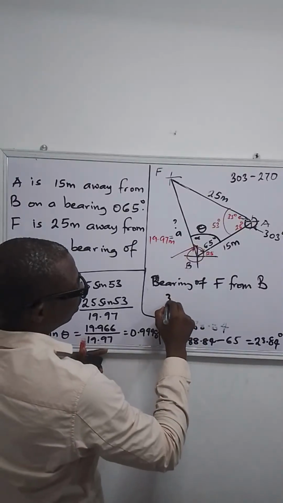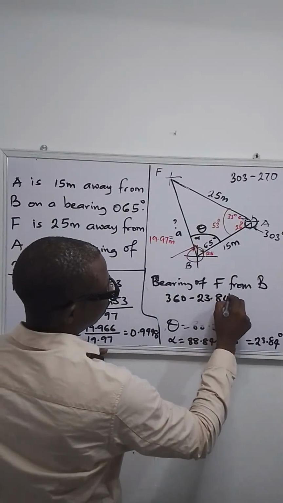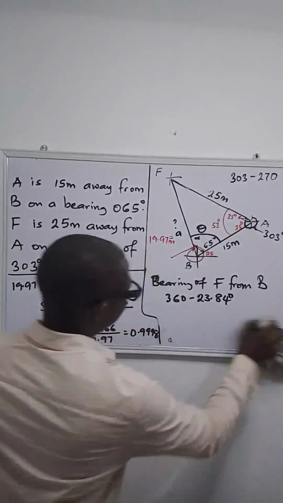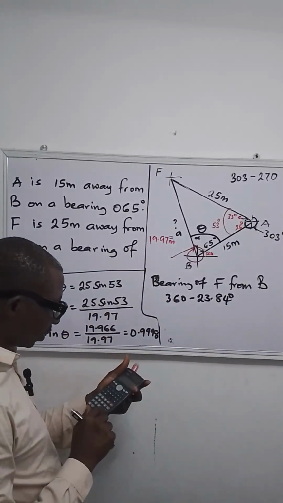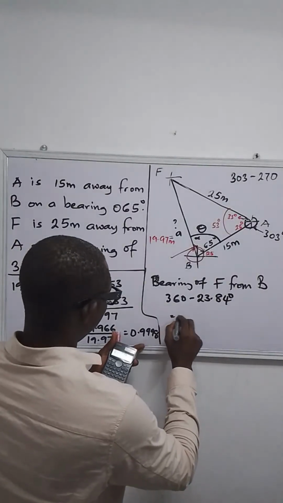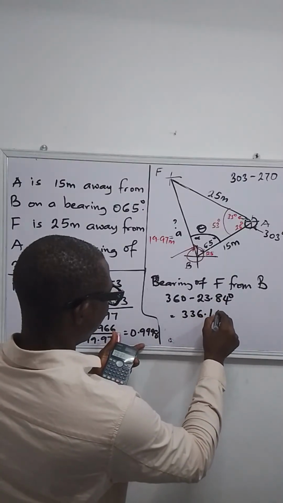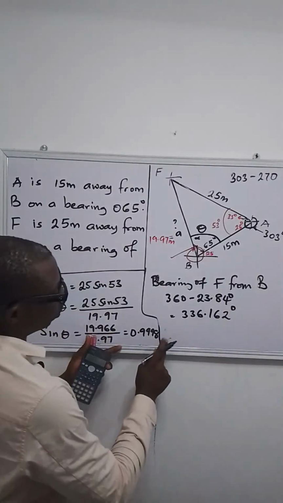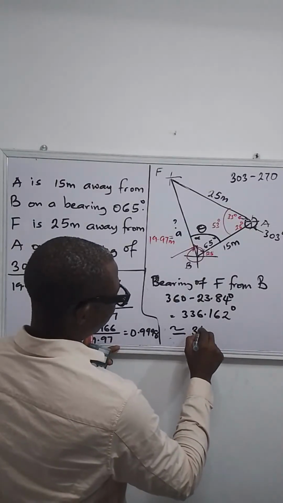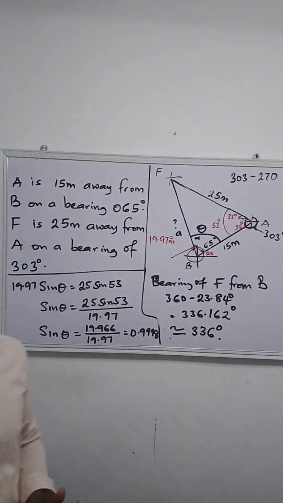That will be 360 minus 23.84 degrees. When you take that away from 360, you have 336.162 degrees. Correct to the nearest whole number, it's going to be 336 degrees. So this is the bearing of F from B.